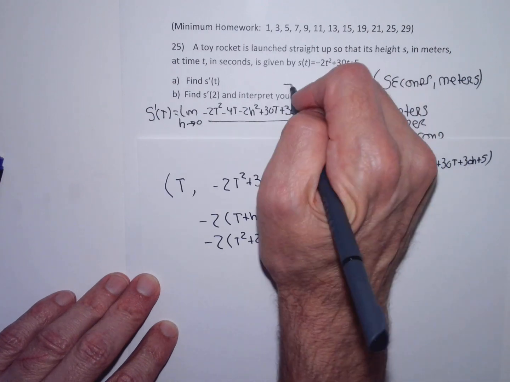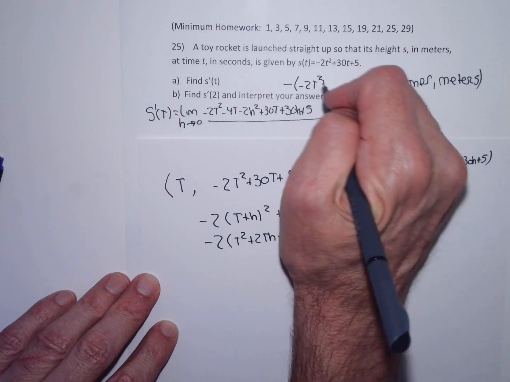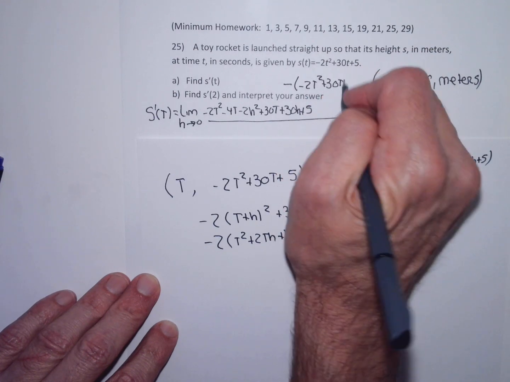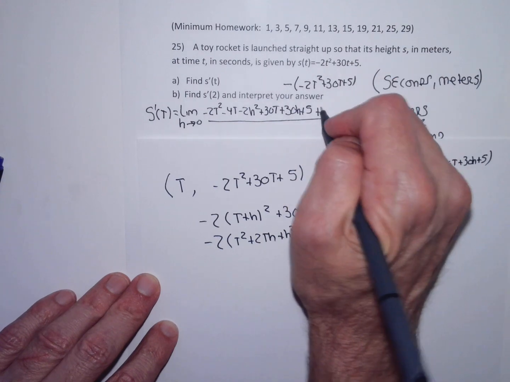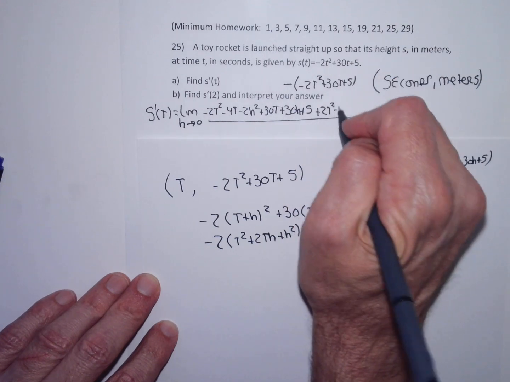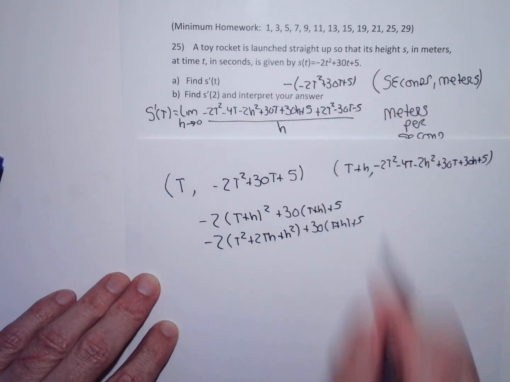After it, I'm supposed to put a negative, and then in a parentheses, negative 2t squared plus 30t plus 5. If I clear that parentheses, I'll get positive 2t squared, negative 30t, and minus 5, and the denominator is just h.